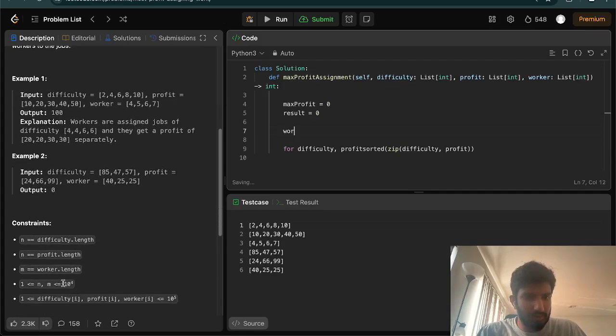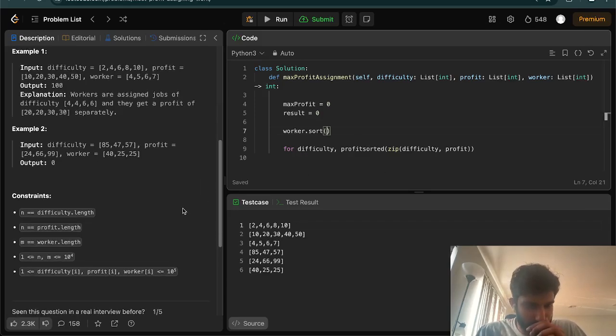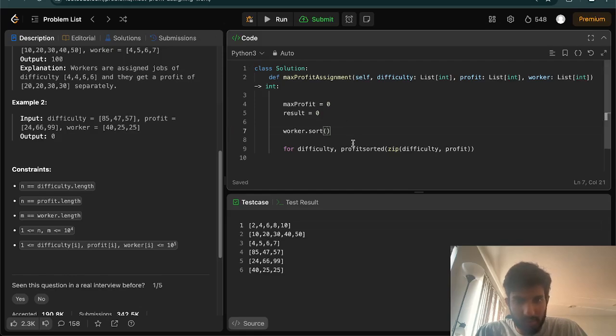Just going to see if these satisfy the conditions. I think these satisfy the conditions, the constraints that are the requirements for the problem.